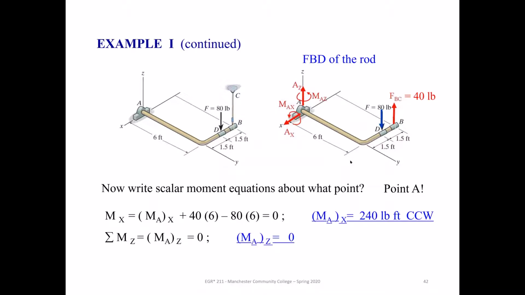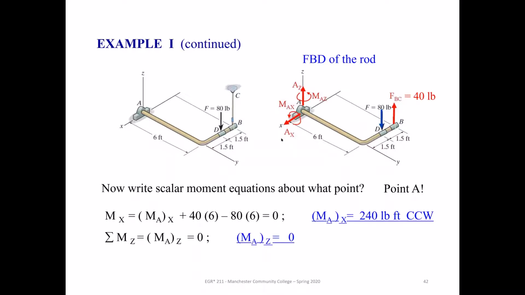And then what are we going to have? We're looking at it. We're going to have this force acting at a certain distance, and we're also going to have this force acting at a distance, right? So you're looking at it from like the front side, and like I said, you have a plane now made of Z and X, and both of these, as far as this axis is concerned, both the 80 pounds and the 40 pounds FBC are both acting at 6 feet from this axis, okay?